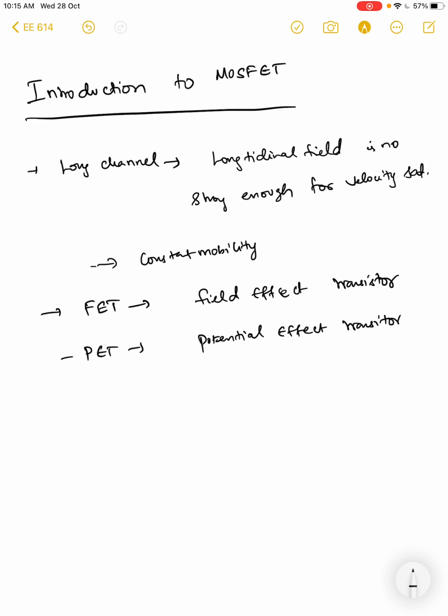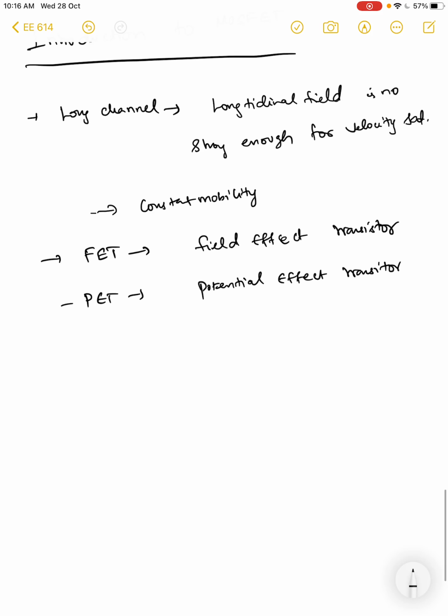So PET, basically our bipolar junction transistor falls into this potential effect transistor, where the current in the channel is modified by the potential, typically by the depletion width, and the current in the channel, if it is modulated by the applied field, the electrostatic field, then you have what is called a field effect transistor, right? So now let us talk about field effect transistors.